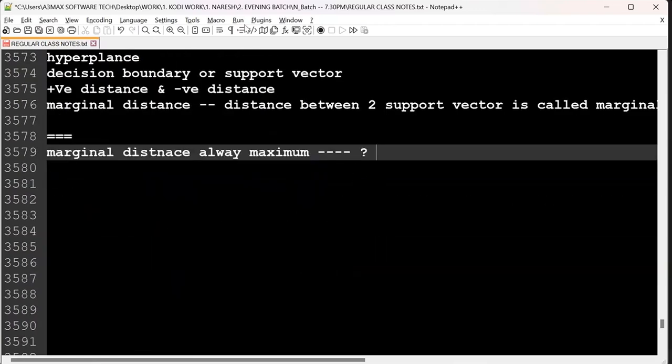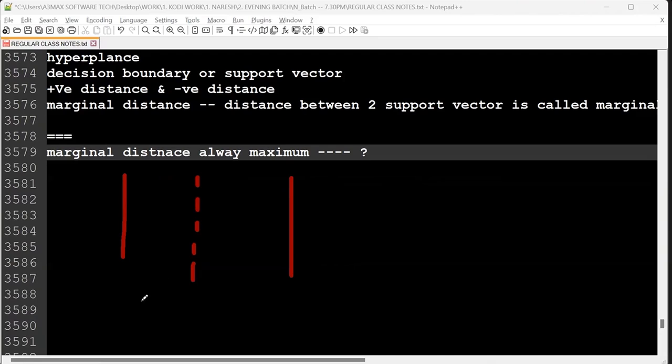Okay, I'll give you one example. I always give this example to my students. Let's say this is an NH road. On a National Highway road, is the width maximum or minimum? It's maximum. Why? Let's say this is an NH road.